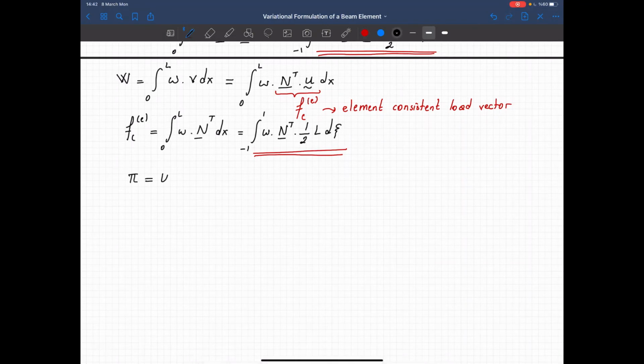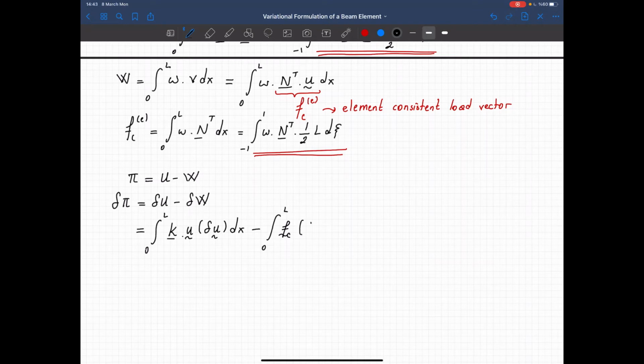So P is equal to U minus W. Let's take the first variation. That will give me, from 0 to L, K times U and variation in U integrated over dx, minus from 0 to L the consistent load vector multiplied by the variation in U dx.